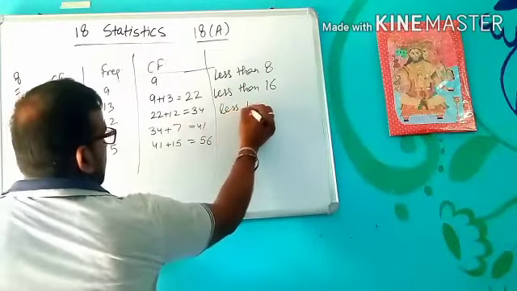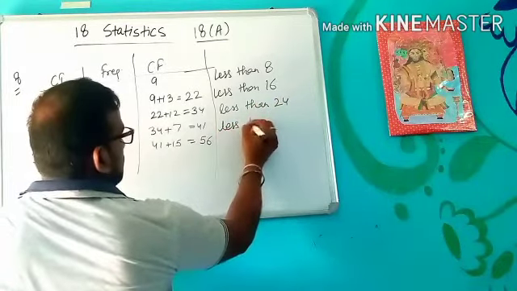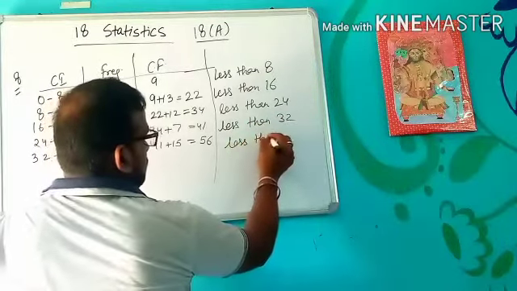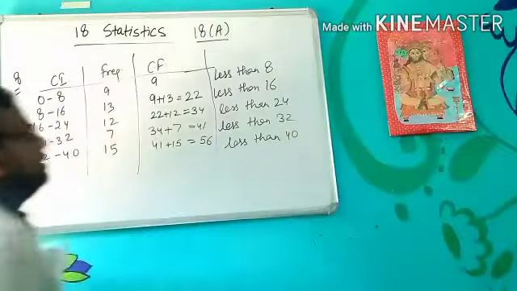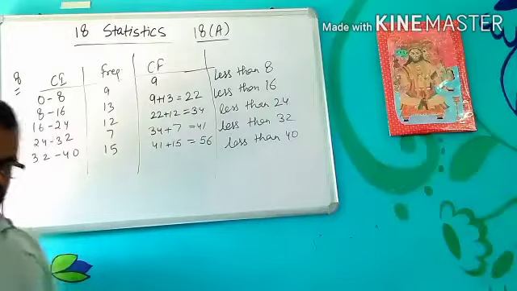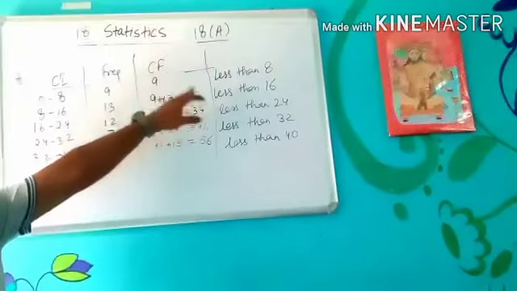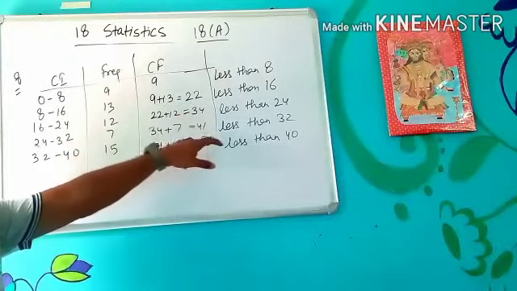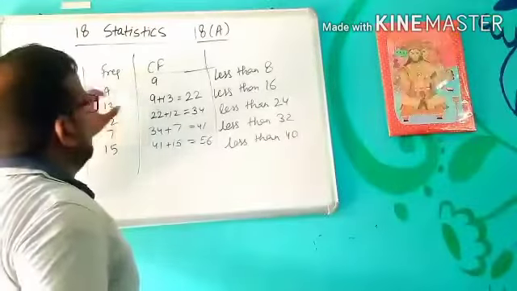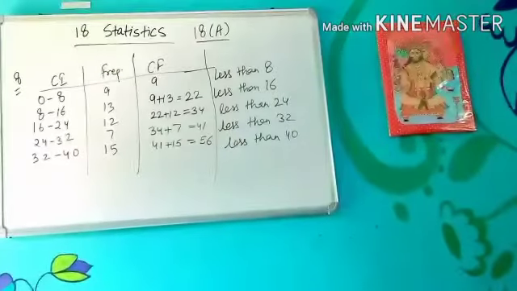Then it is all the values less than 24, all the values less than 32, and it contains all the values less than 40. Okay, so this is the meaning of cumulative frequency. You just add all the consecutive frequencies together in individual row, then you will get the cumulative frequency table. Also you can convert this to this, or if you want to convert this to this, that we will see in the next question.